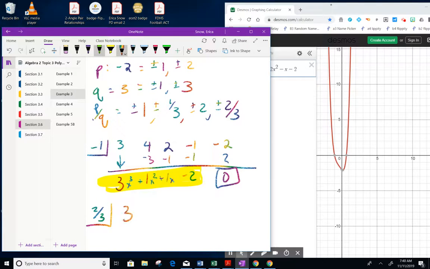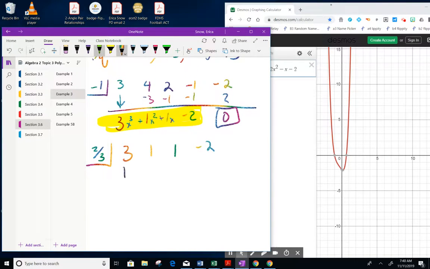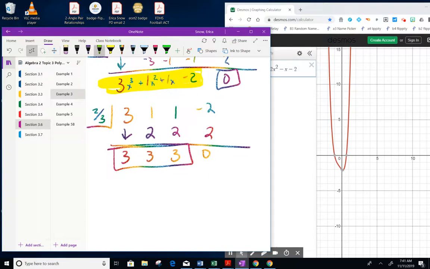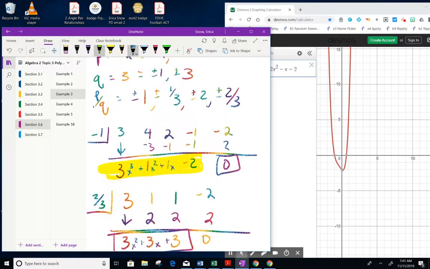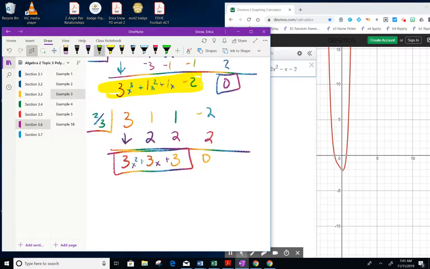And if this is a root, we should be able to do it with this and get our next possible root. Okay, and now here we have a quadratic. So this is x squared, x, and 3. And what you're going to do is you're going to do your synthetic division with all your roots until you get down to a quadratic or a number that can be factored.